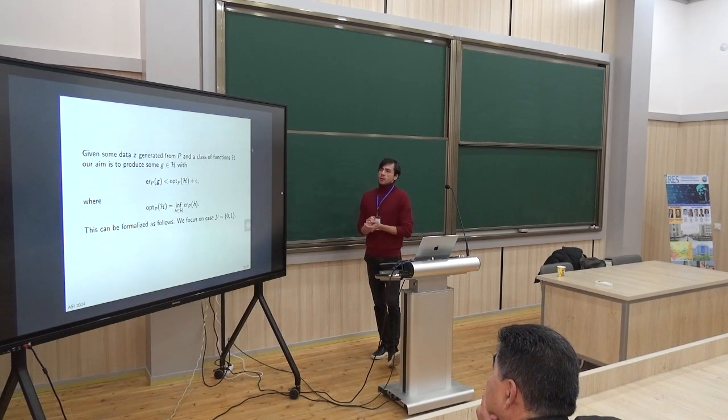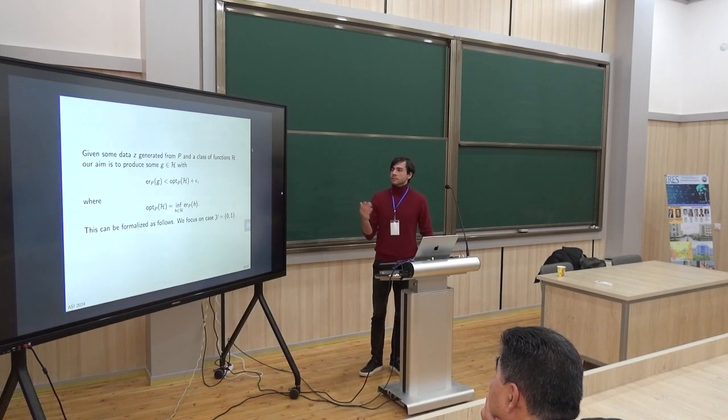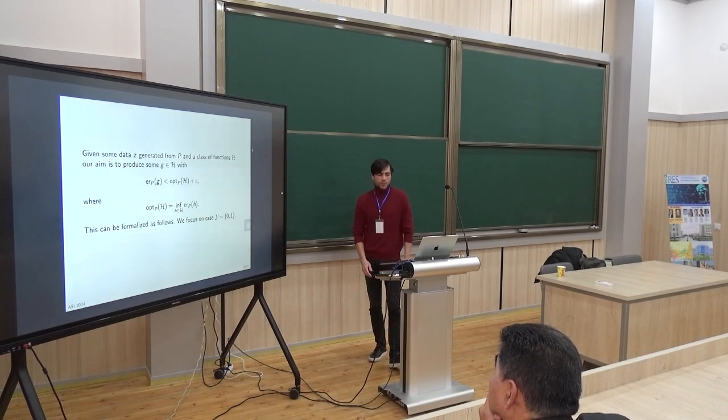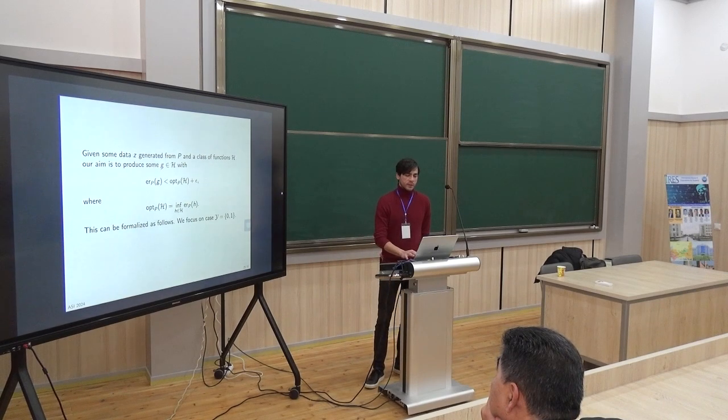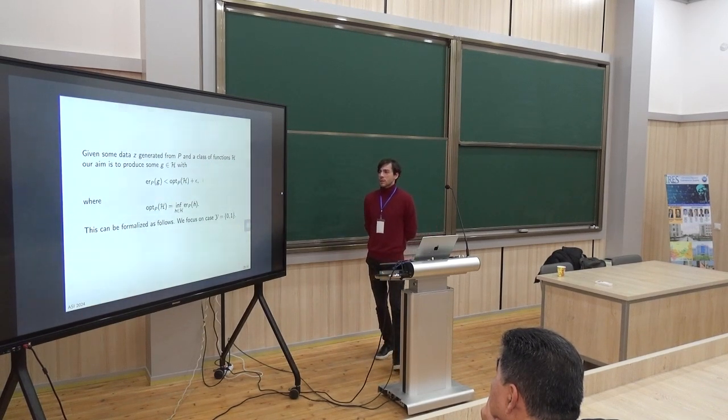So, returning to a question: given some data, our aim is to identify an element G of our class of functions H with the property that the error it attains for this particular P is less than an optimum, maybe plus some slack, plus some epsilon.